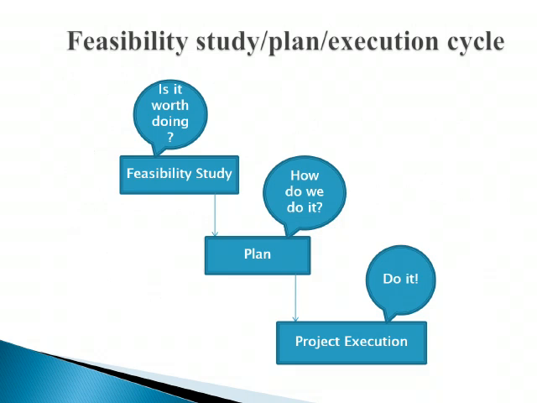This is a diagram which shows the feasibility study, plan and execution cycle. The feasibility study, as already told, is the process of examining whether it is worth doing the project. The next step is plan, deciding how we do it. The third step is project execution, where we carry out the planned steps.